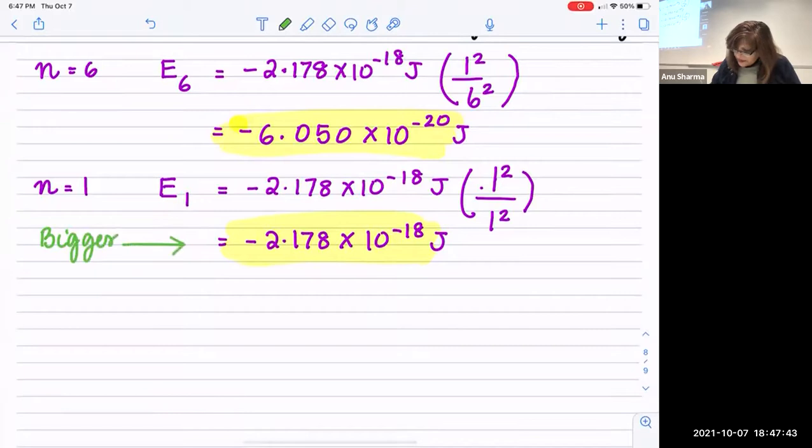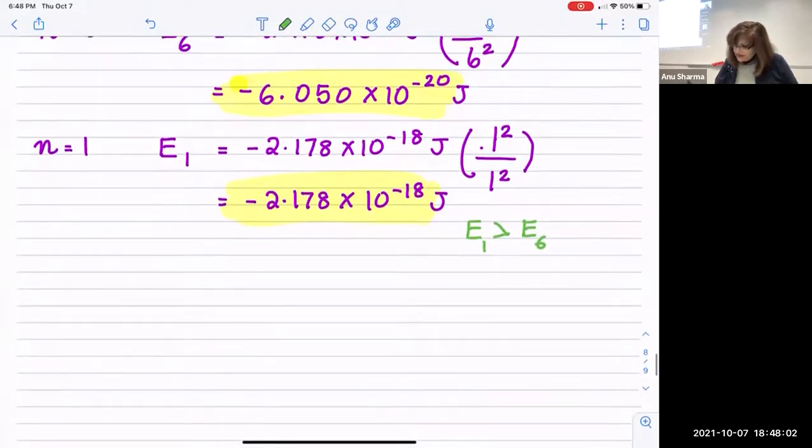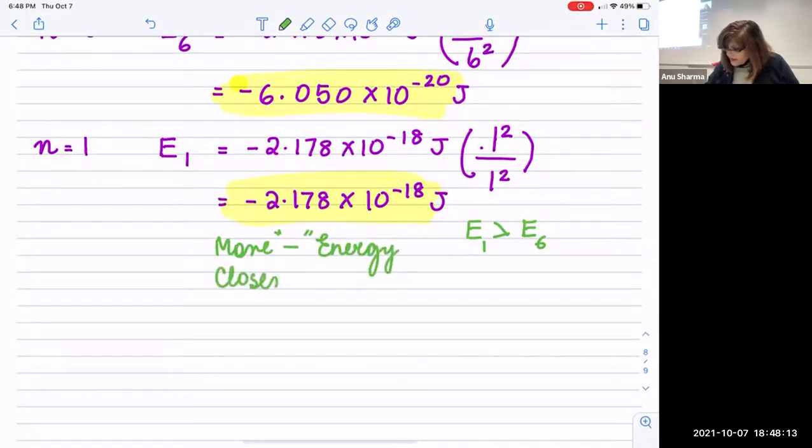So E1 is bigger in magnitude than E6, because it's closer to the nucleus. The more negative the energy, the closer it is to the nucleus. So E1 is closer to the nucleus than E6.